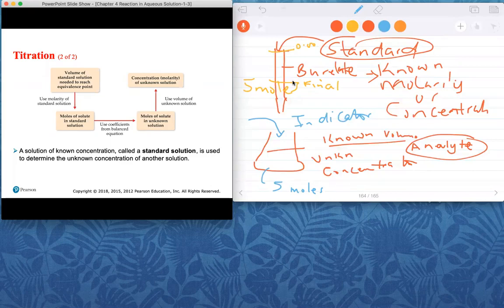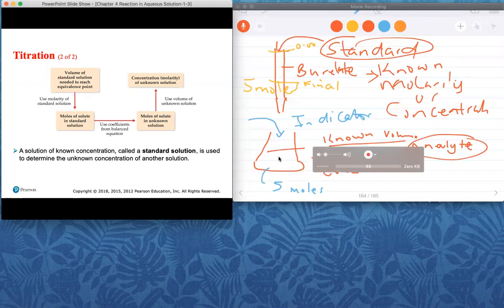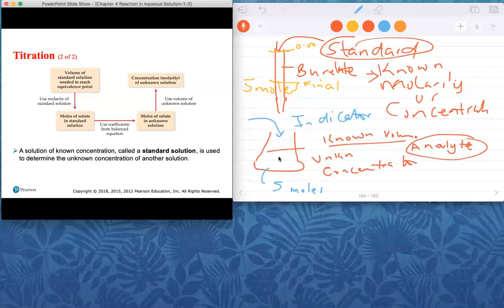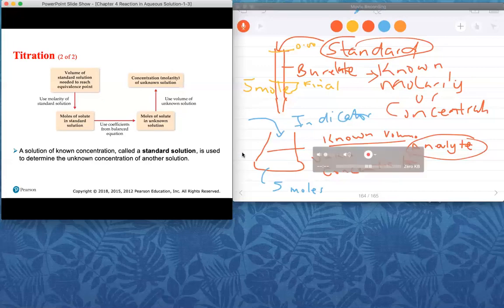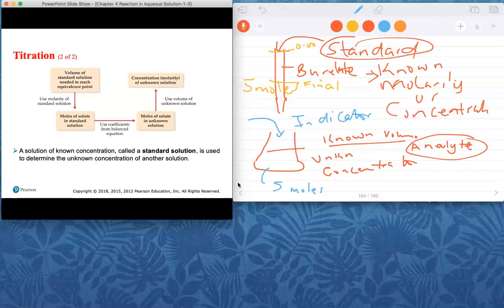This is open, it will drain now the standard into our analyte until the color changes. So this is what we use in titration, and always the standard goes in the buret. We call that the standard solution.